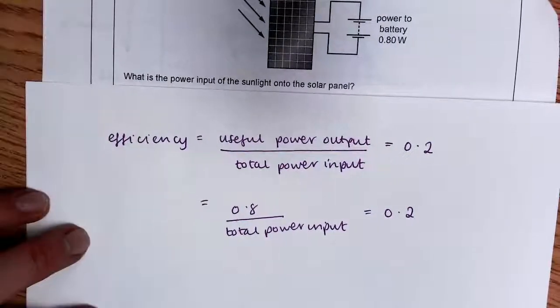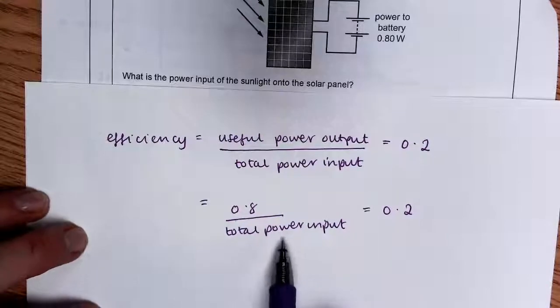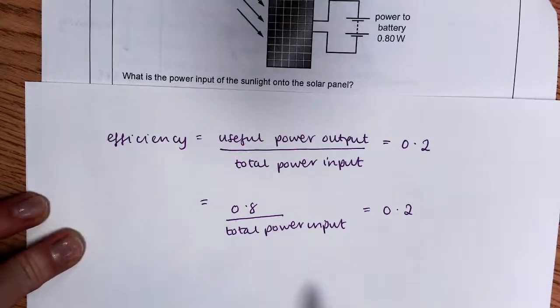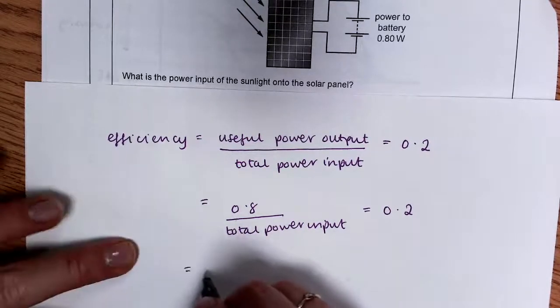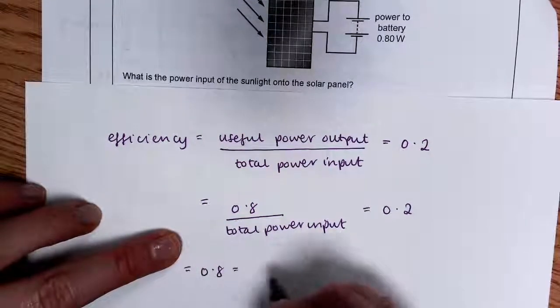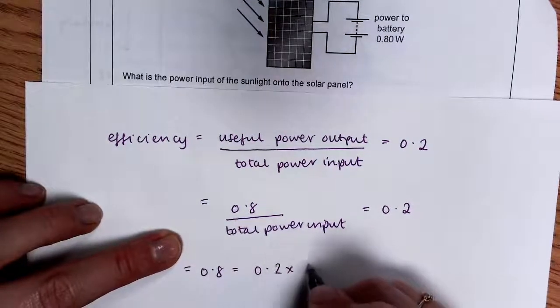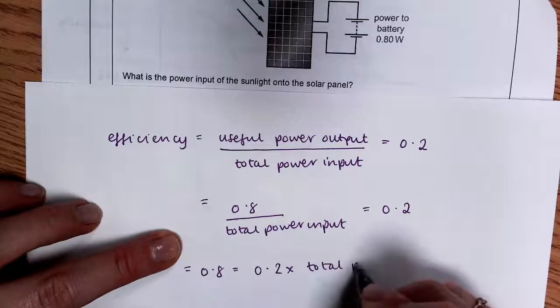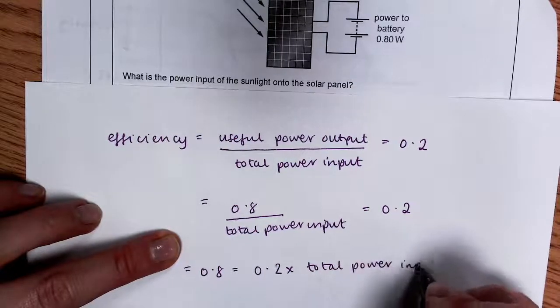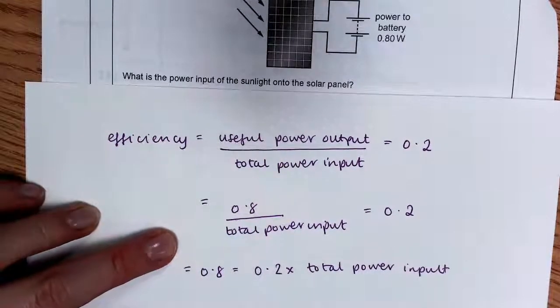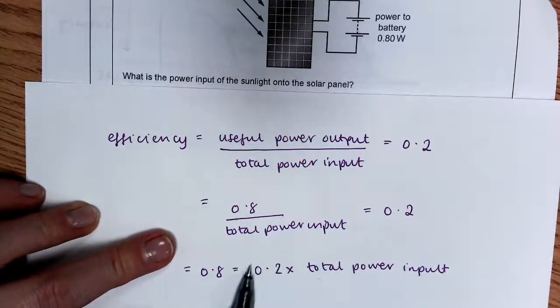So I'm going to multiply both sides by total power input. So I will get 0.8 equals 0.2 multiplied by total power input. But I don't want that. I actually want total power input, so now I need to get rid of the 0.2 from this side.